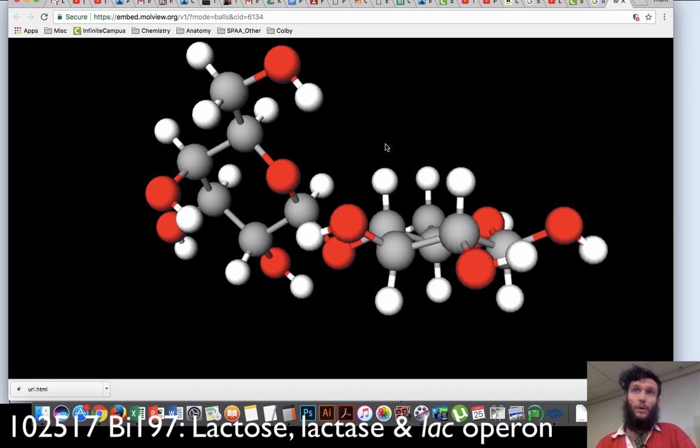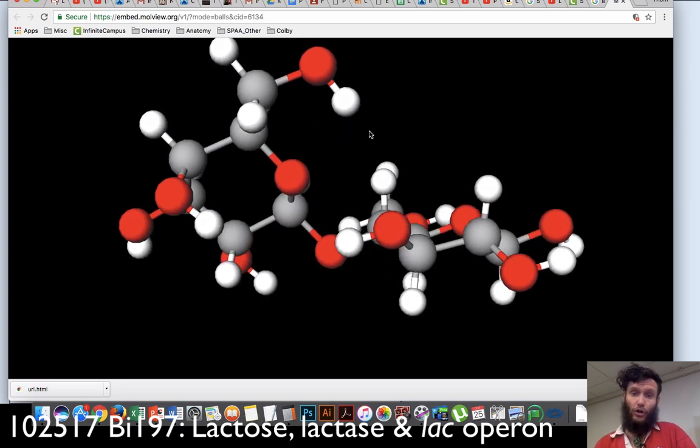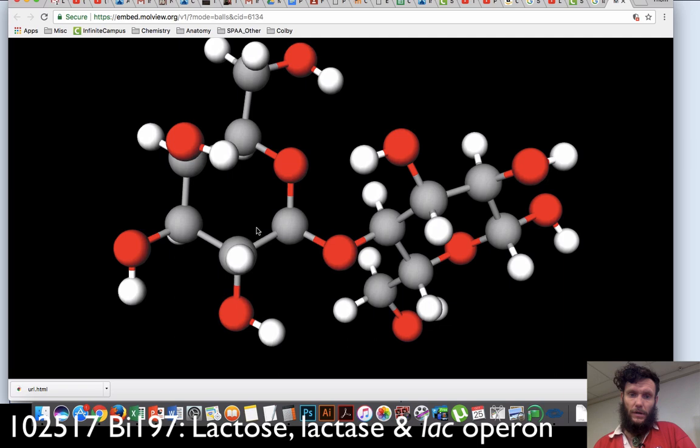All right, so that's the difference between glucose and galactose. That's it. To make lactose, milk sugar, the glucose and the galactose are linked by this beta 1,4 linkage. Okay? 1 because it's coming from the 1 carbon in galactose, and 4 because it's going to the 4 carbon in glucose.